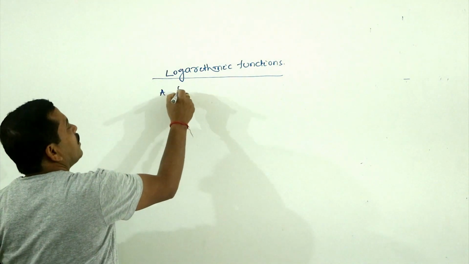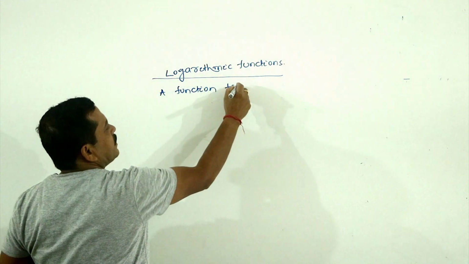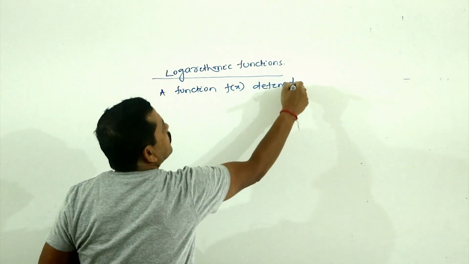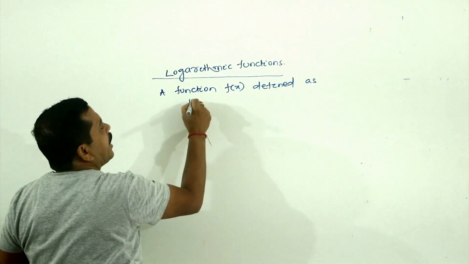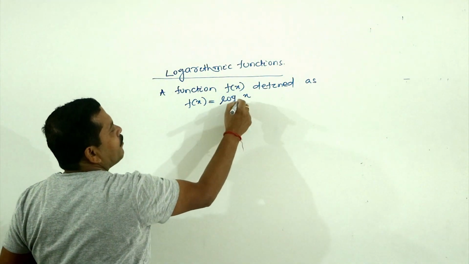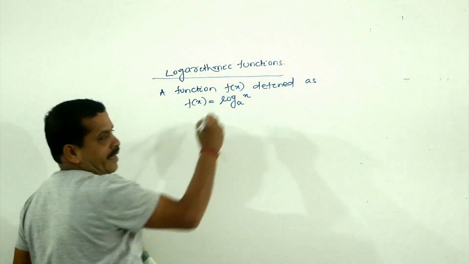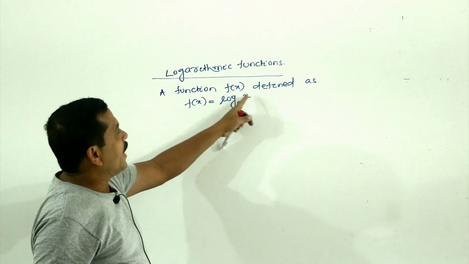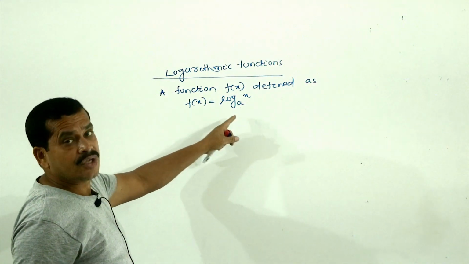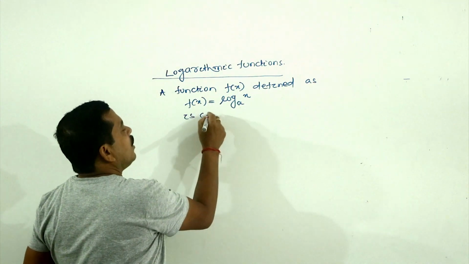A function f of x defined as f of x equals log x base a. We read it as log x base a, that is known as logarithmic function to the base a.